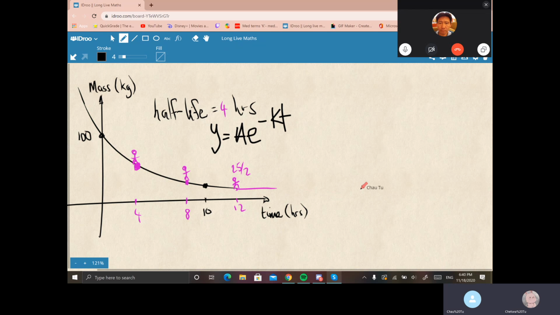Is that what you're saying? No. So what's the formula for this graph? The formula is y equals a, but then you need to figure out a and k to fit on this graph. How do you come up with a and k, Chelsea?